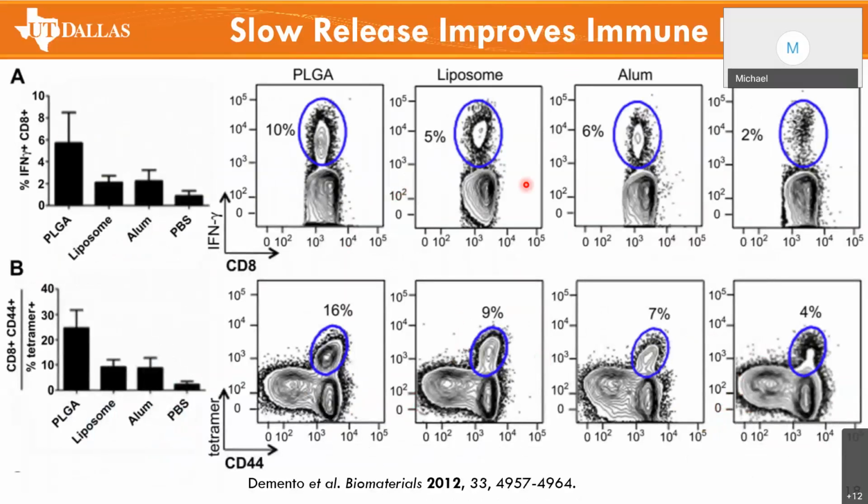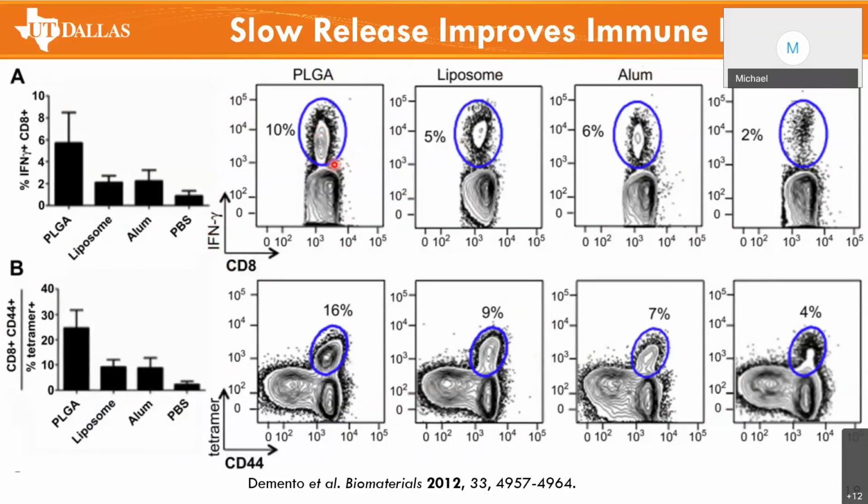So here's where for me, it got very exciting. What they did here is they looked at PLGA versus liposome, alum, a known adjuvant for vaccines, and PBS as a control. They labeled the spleen cells with CD8 and IFN gamma, which is an intracellular marker.